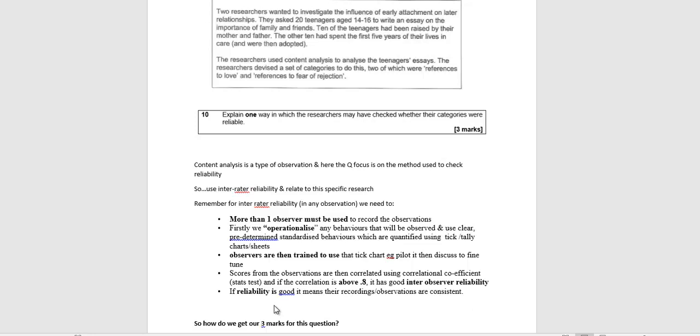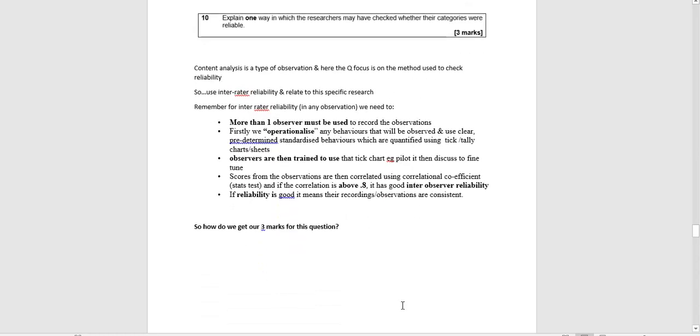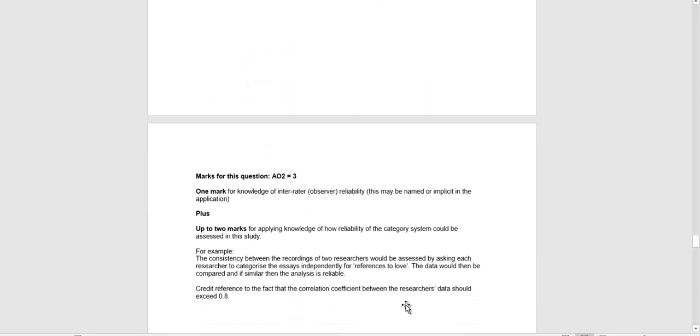If reliability is good, that means our observations are consistent. So how do we go about getting our 3 marks for this? Let's have a look at what they've got in the mark scheme. We're going to get credit for literally naming inter-rater reliability.